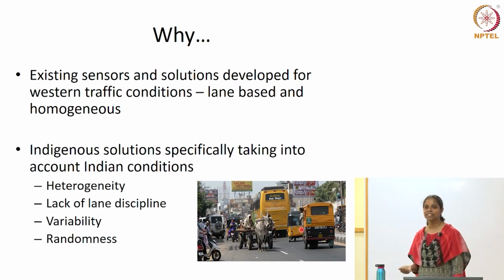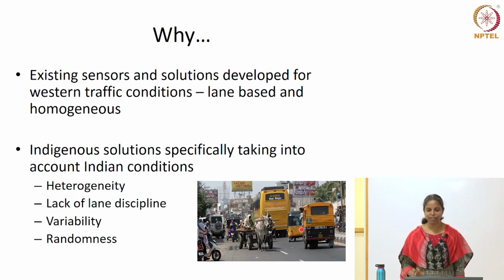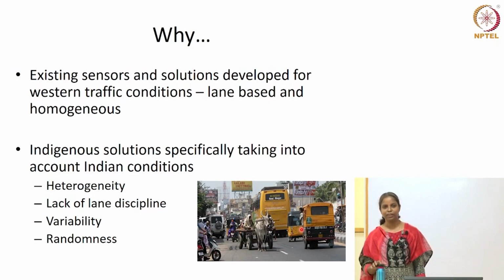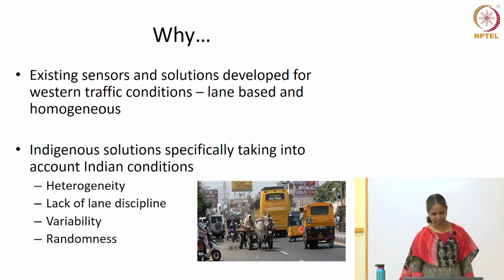But the problem is, modeling it becomes extremely difficult because you don't know how the vehicle is going to behave. Any gap you see, a two-wheeler fellow can move in whatever way. So how do we handle that? Any solution that's already available we can't use. We have to redo the whole thing to meet this requirement of laneless movement.